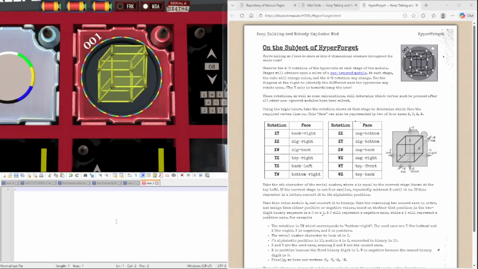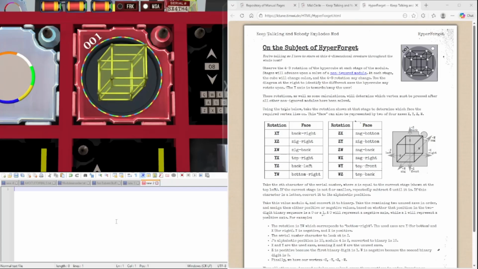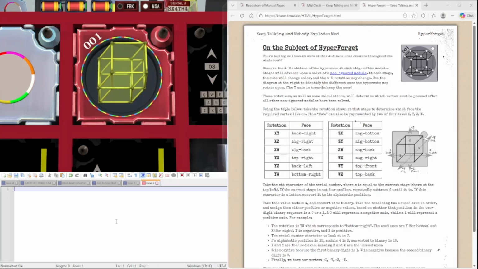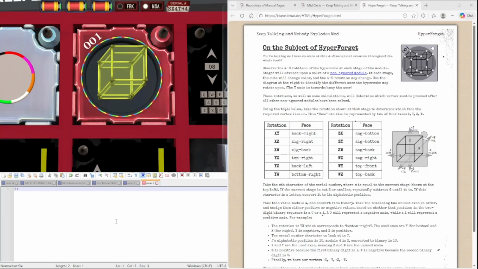So rotation is shown at each stage. So this one is positive Z going to positive Y, I think. ZY. Yeah.